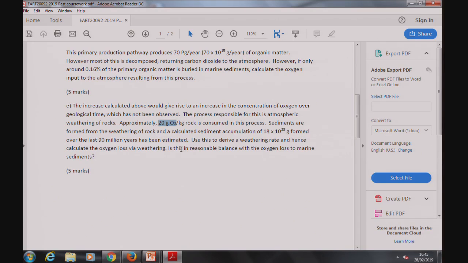So we've got removal of oxygen due to the biomass being locked into marine sediments, and that was 119.5 teragrams per year. And we've got the weathering of rocks, which removes 400 teragrams per year. So is that in reasonable balance? What do you think? In other words, does that number equal that number?